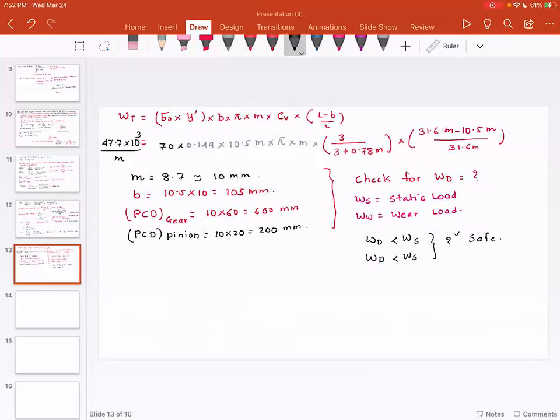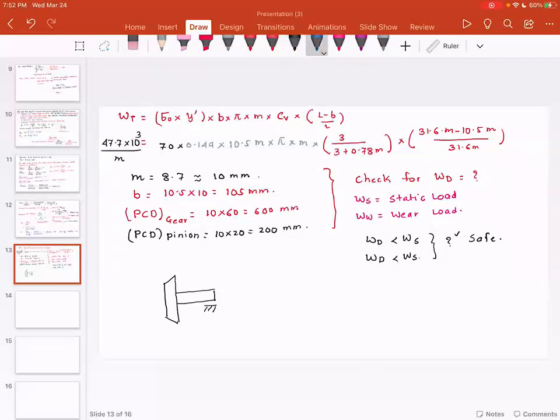So first and foremost, we need to know the loads, what different types of forces act on this pinion shaft. They have already given us that this shaft is overhang.